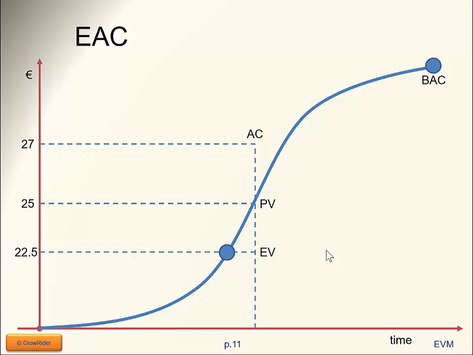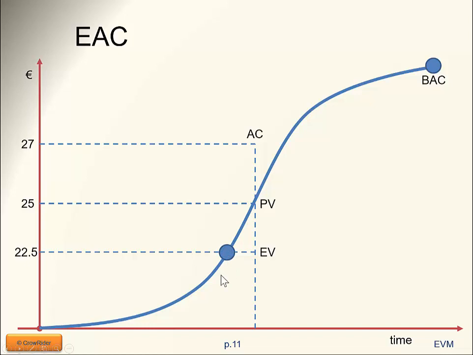It's the point on the cost baseline which represents the amount of work that I've really done. So while I should be at planned value, that's where I had planned to be, where am I in reality? I'm behind schedule, I'm at the earned value, I'm down here.